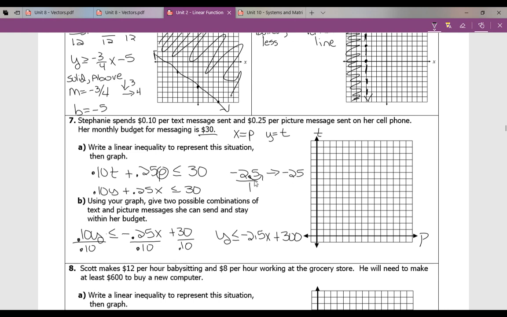But if I move this decimal one place, I have to move that decimal one place, and that gives me 10. 25 over 10 reduces to 5 over 2. So I now have negative 5 over 2 as my slope.